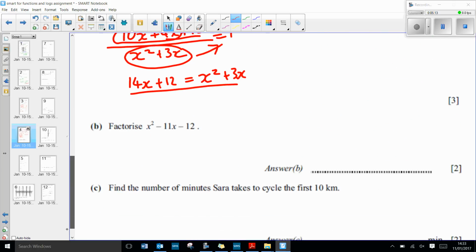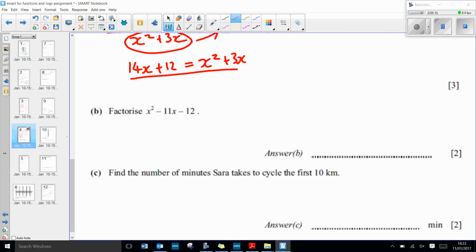Now asked to factorise it again. There's no number in front of the x squared, so it's straightforward. Two numbers that multiply to give negative 12 and add to give negative 11. And those numbers are x minus 12 and x plus 1.